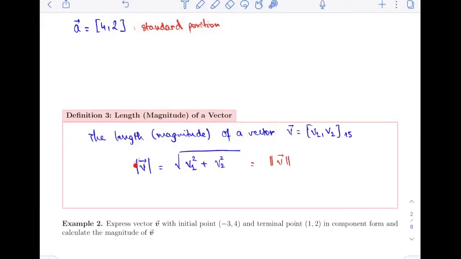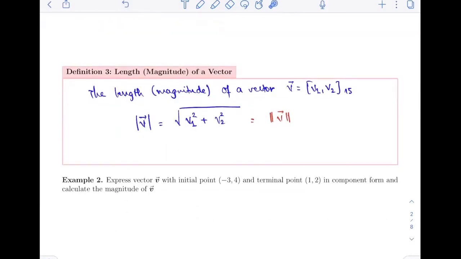So these two notations are equivalent to one another at this particular level of mathematics. But most of the time in this course, I will use these notations to indicate the length or the magnitude of a vector.